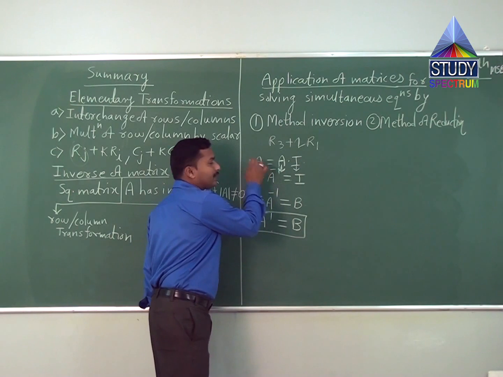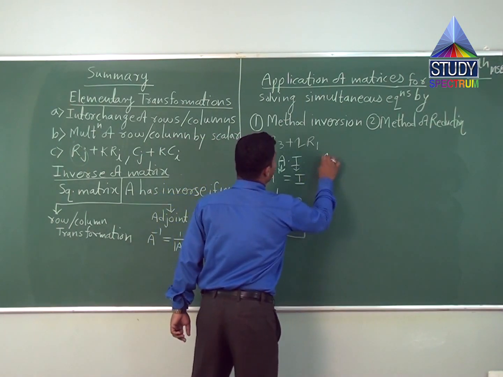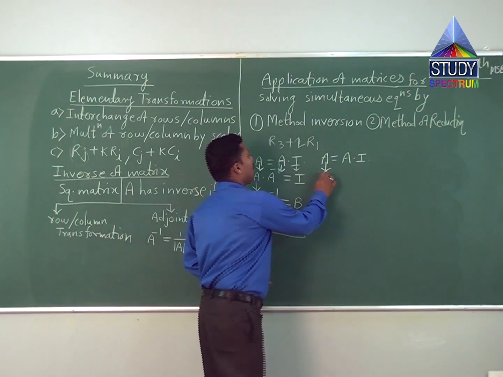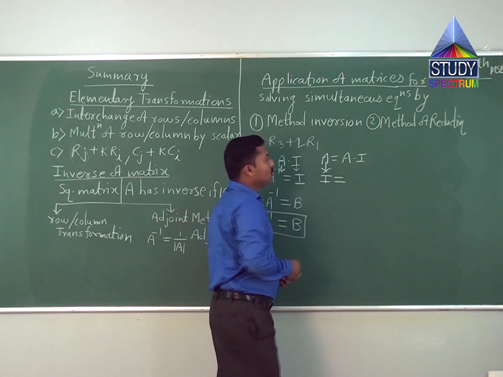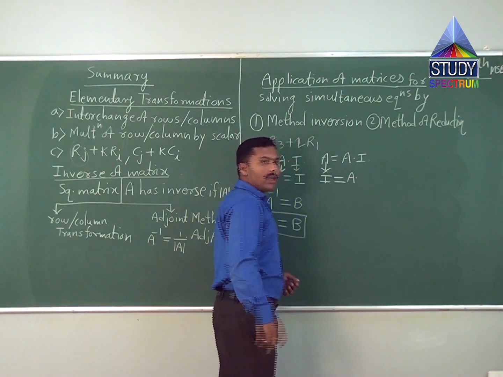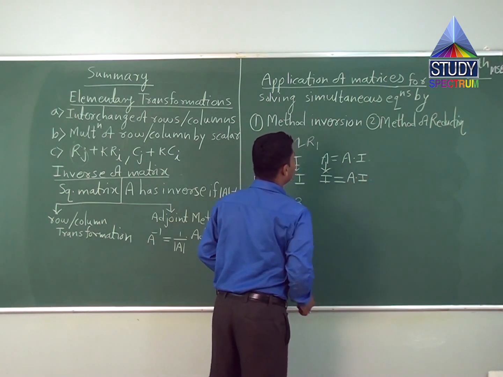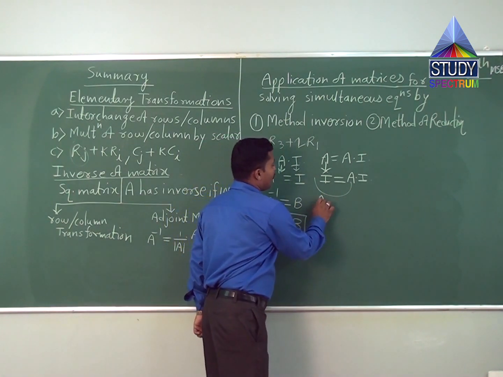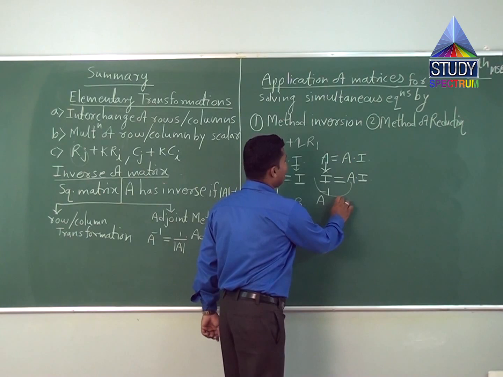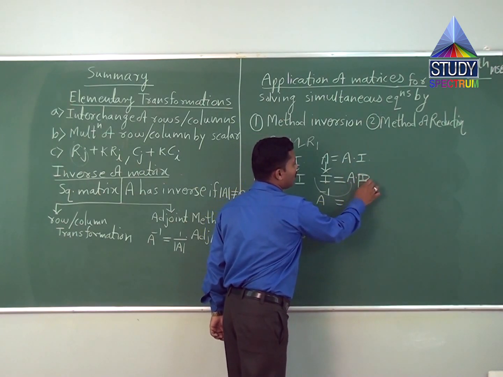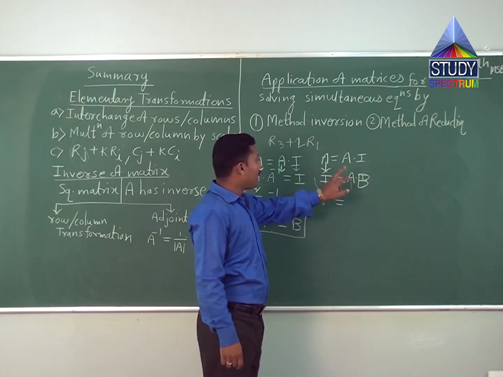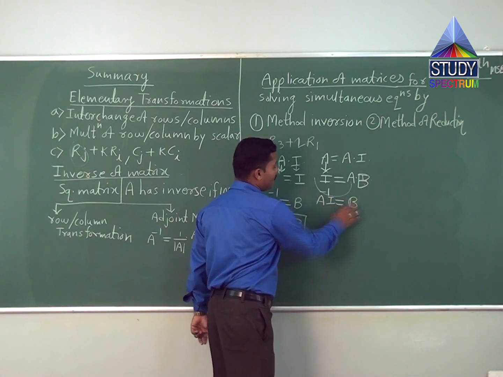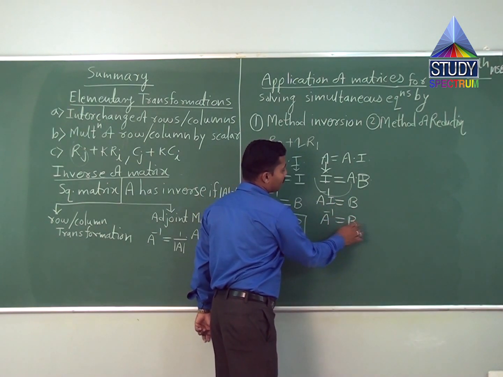So convert this matrix A into identity matrix in A equal to A into I. So this A goes to the left hand side, so A inverse, and this I converted into square matrix B. This A keep as it is. So A inverse into this I equal to B means A inverse equal to B.